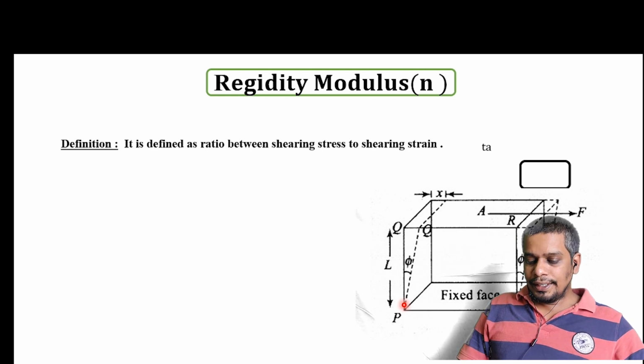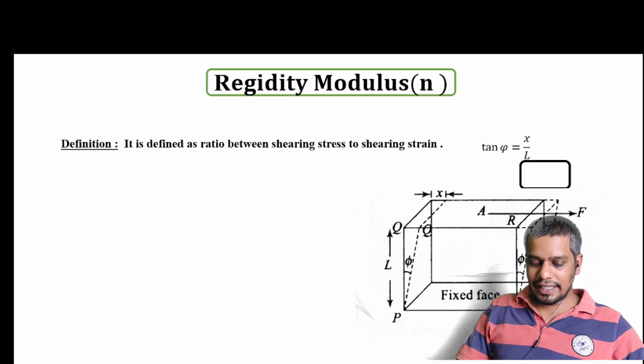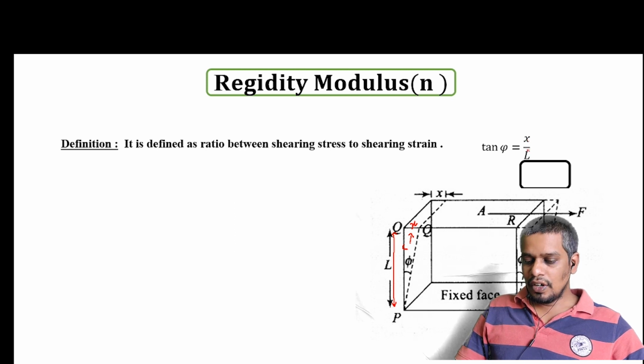Now if you look at tan pi, I want to take the tan first. Tan pi is the opposite over adjacent, that is the tan formula from trigonometry. Here the opposite is small x, and the adjacent is capital L. This is the adjacent length. So tan pi equals small x divided by capital L. That is the tan formula for a small angle.